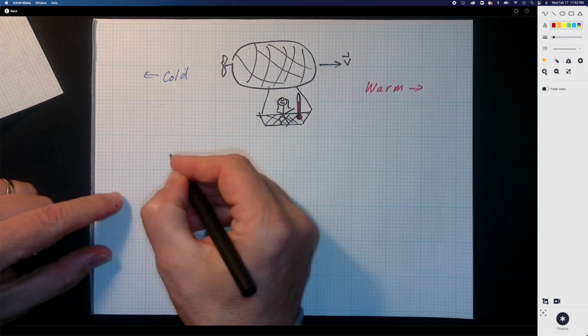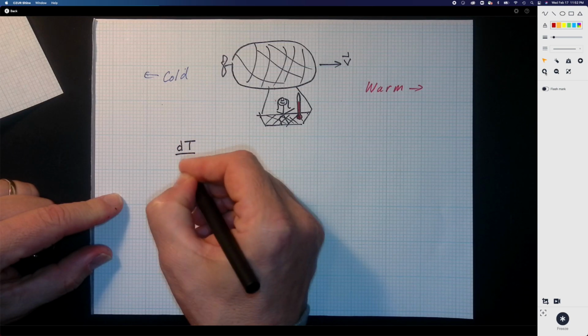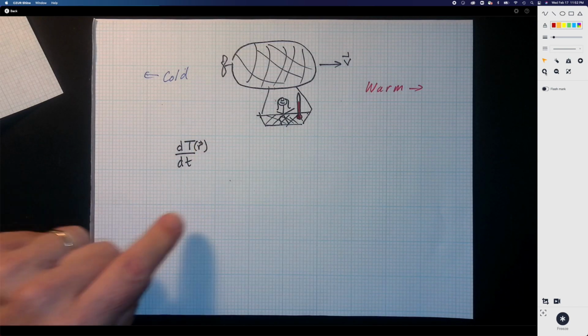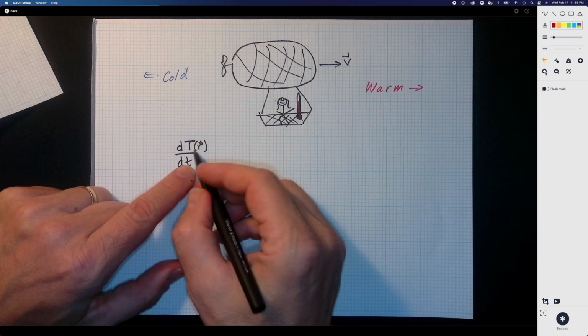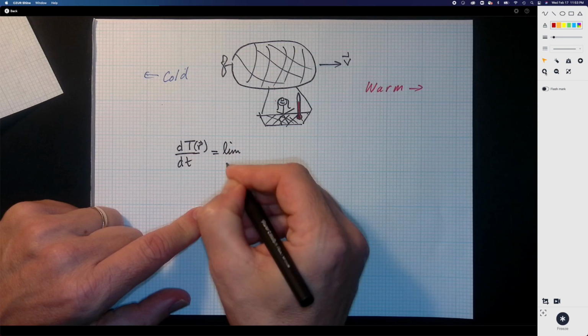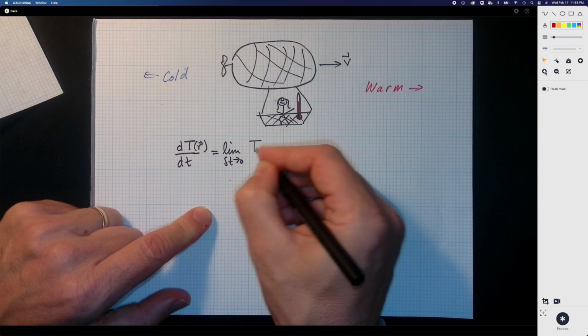So in that case, the derivative dT/dt of r is going to be analogous to the way we did the derivative of the potential energy when we derived Newton's law. It will be equal to the limit as delta t goes to 0 of T at r plus delta r minus T at r.